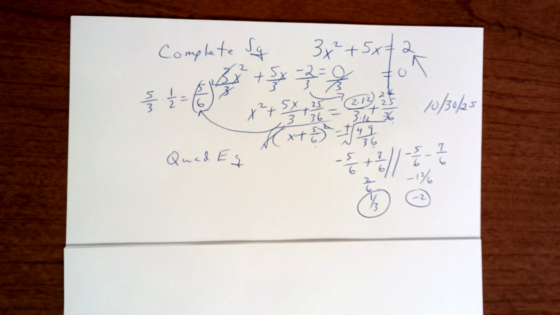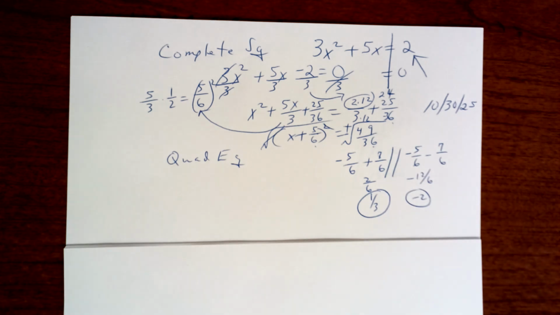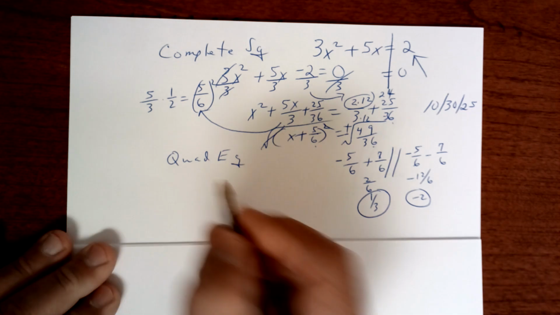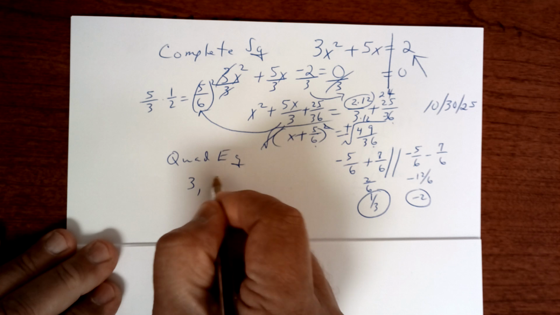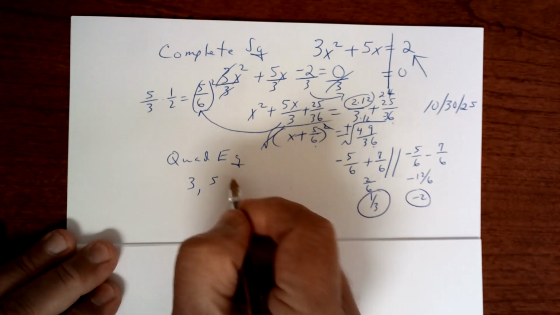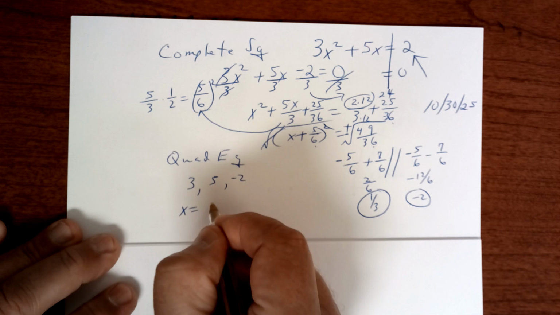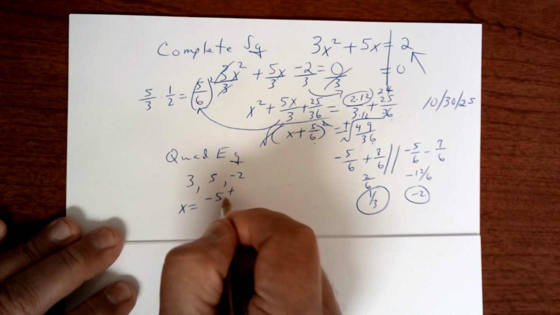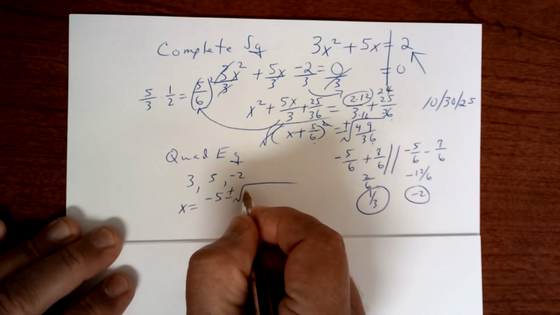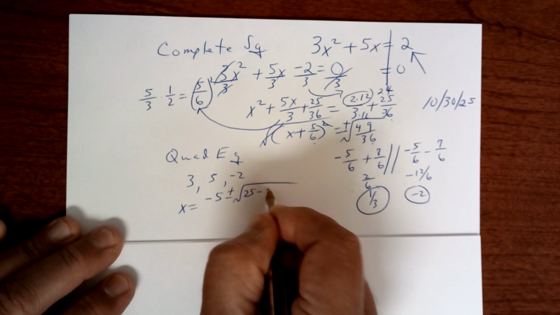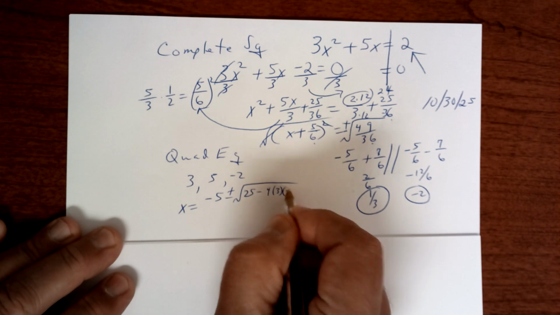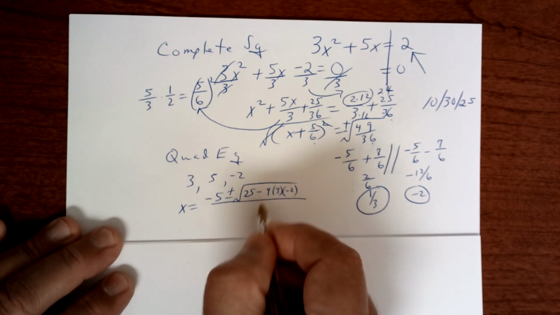Those are the zeros. To do the quadratic formula, you're going to use 3, 5, and negative 2. And then you're going to plug it in. So x equals negative b plus or minus the square root of b squared minus 4 times a times c, all divided by 2 times a.